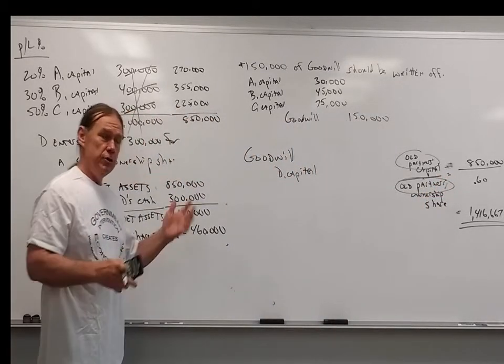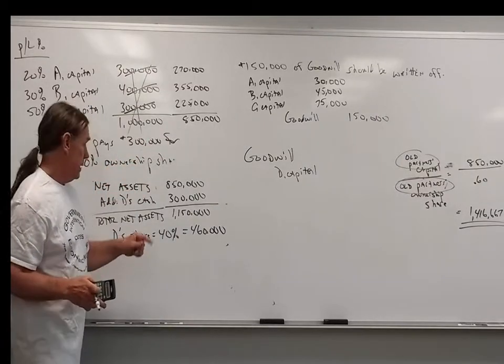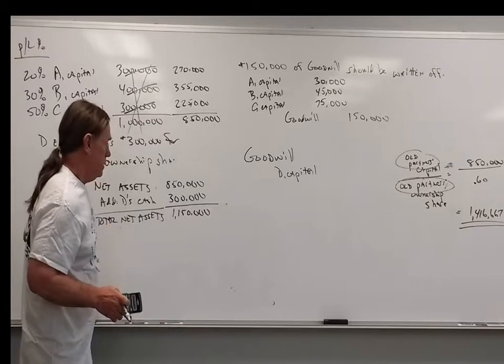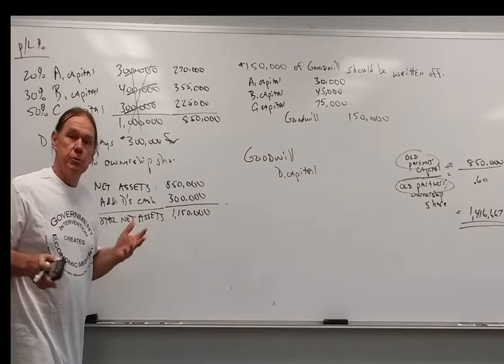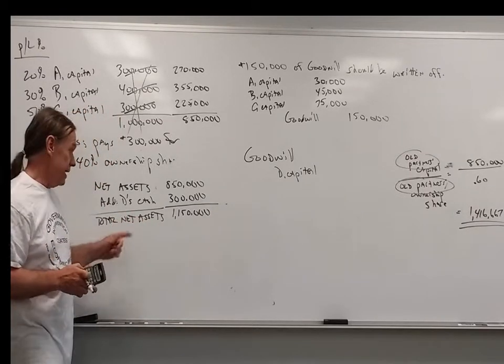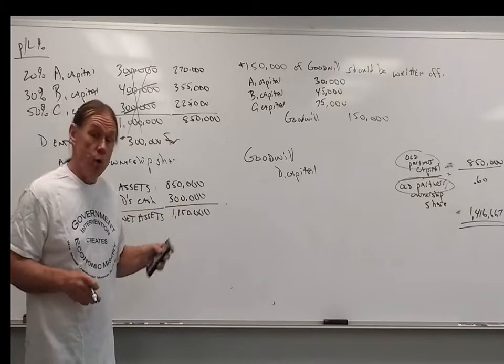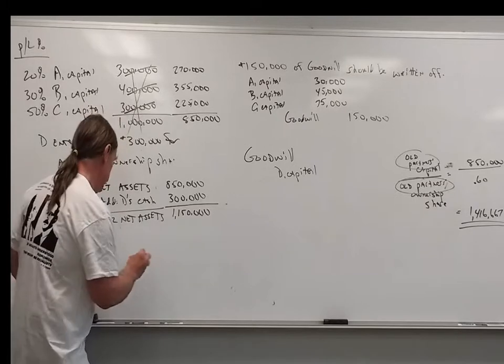Okay, so now again we say, look, the existing assets are $850,000. D is going to contribute $300,000. So there's going to be tangible or identifiable net assets of $1,150,000. We've determined that the firm value is actually $1,416,667.